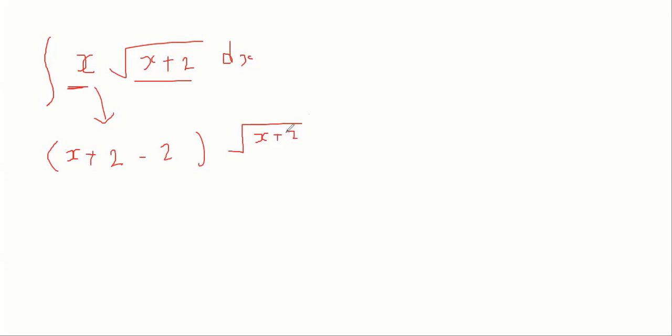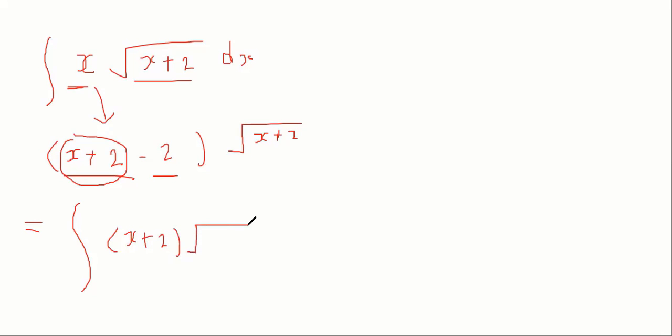Now, we wanted to find the forms of x plus 2, and we already got this x plus 2 form. So my quotient becomes x plus 2 multiplied with root of x plus 2, that is x plus 2 to the power 3 by 2, minus 2 times root of x plus 2.